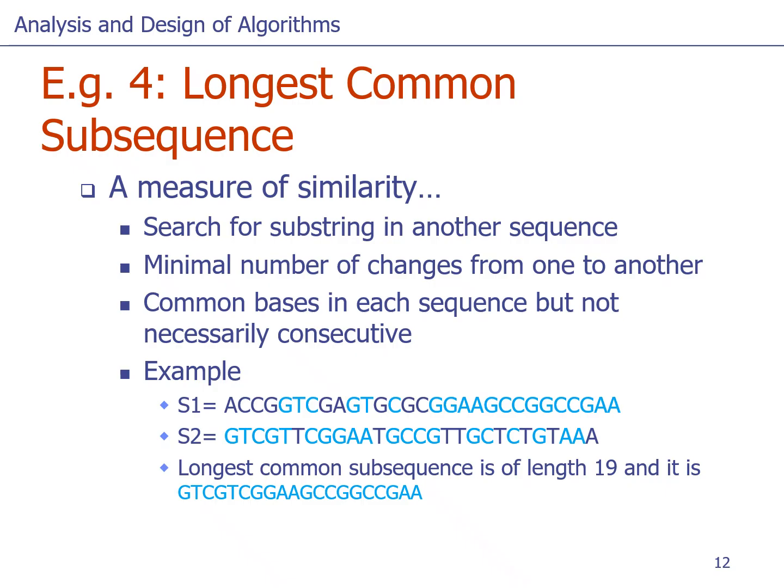And what they often find is, people who have the same disease will have the same longest common subsequence in a specific location in their DNA, of course, not anywhere. So it is used in such a way, and there are other ways that this could be used as well.